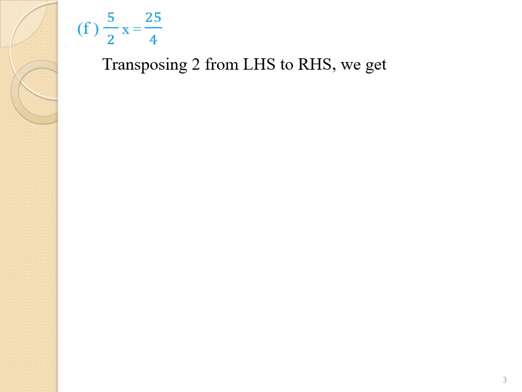5x equals to 25 upon 4 multiplied by 2. On transposing, division changes to multiplication, where 2 is multiplied by 25 upon 4.